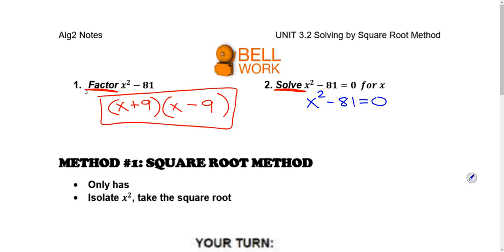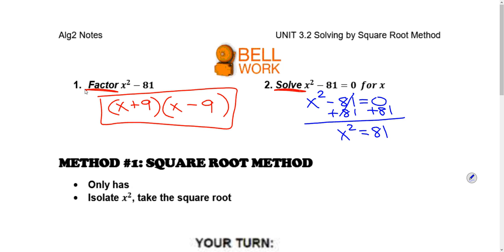To get the x by itself, we could add 81. Then this would cross out, and we would be left with x squared equals 81. And then our final step, do you know how you would get the x all by itself without the little 2?